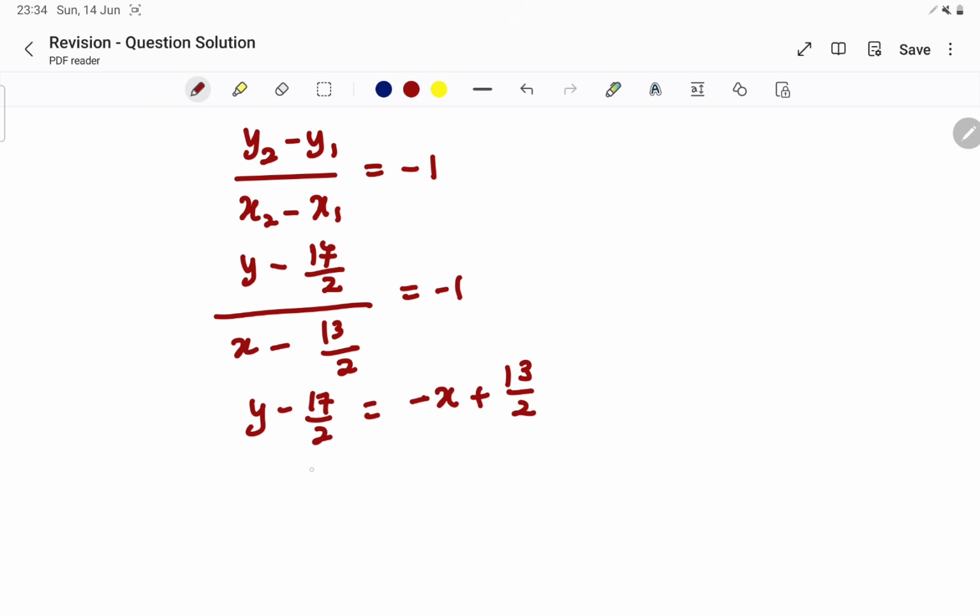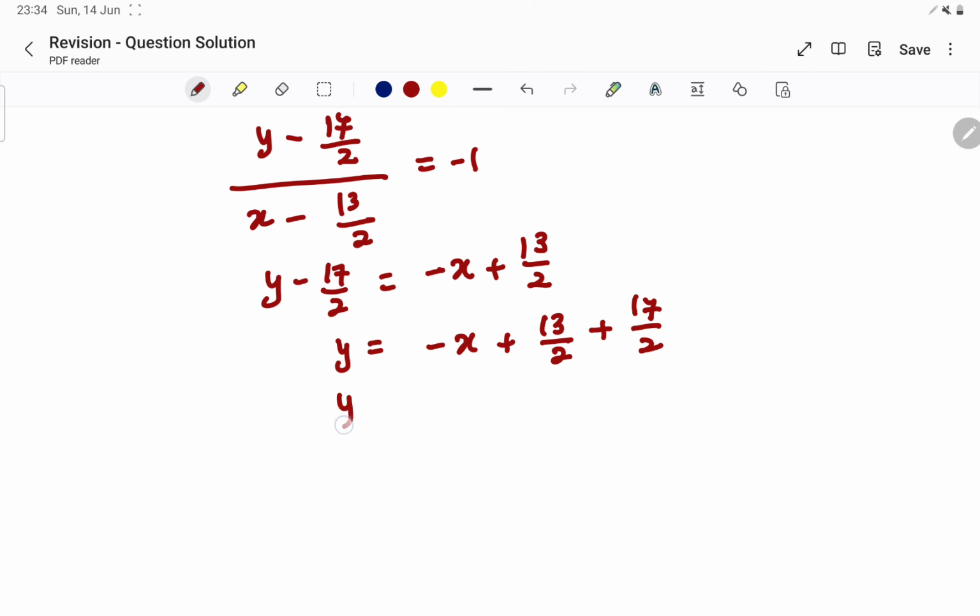Move negative 17/2 to the right side, and you get y equals negative x plus 13/2 plus 17/2, which is 30/2. So y equals negative x plus 15.